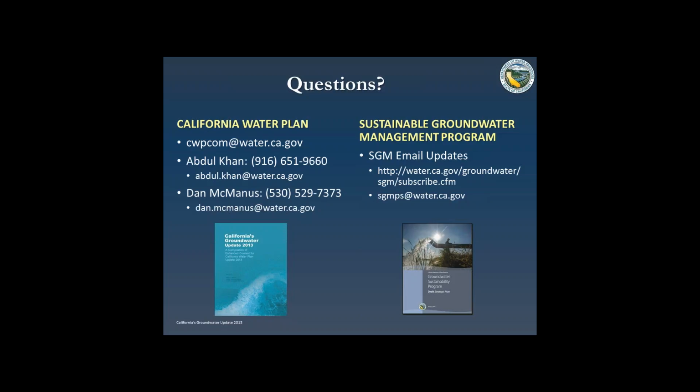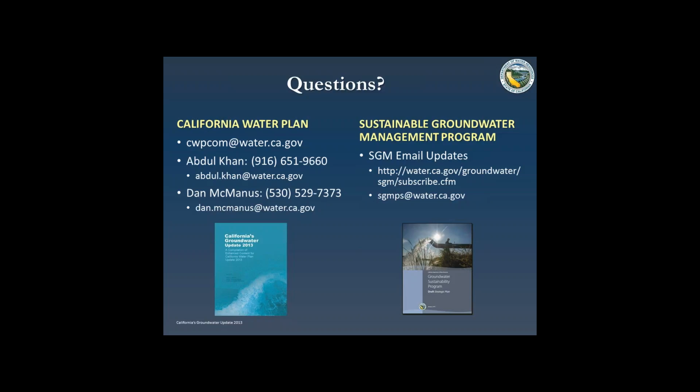Yeah, I think originally, if you look at the water code, Bulletin 118 is supposed to come out a couple of years prior to the California Water Plan, so that data is able to be incorporated into the plan, and we need to make sure we get back on track there. But the legislation also says that anytime we update the basin boundaries, they have to be memorialized in Bulletin 118.